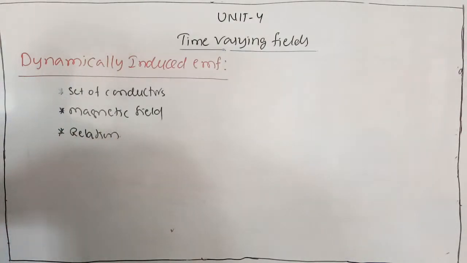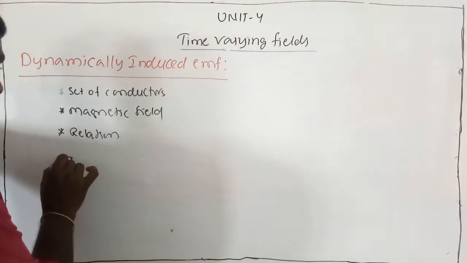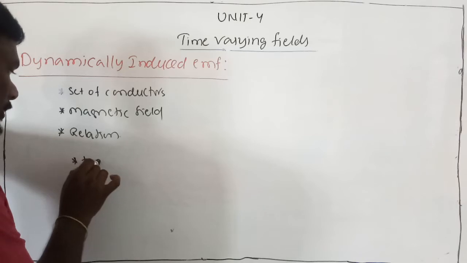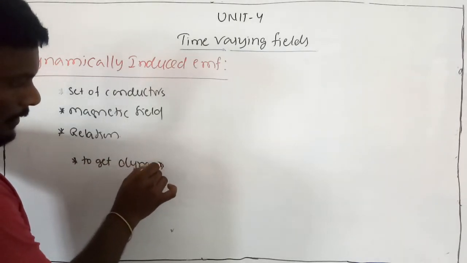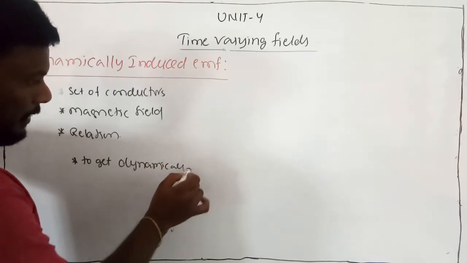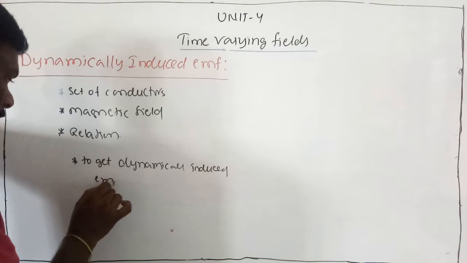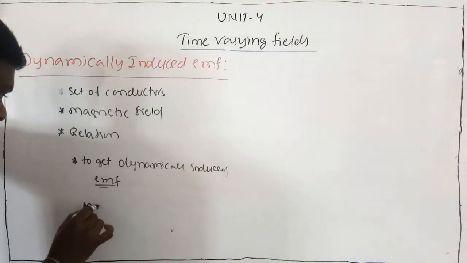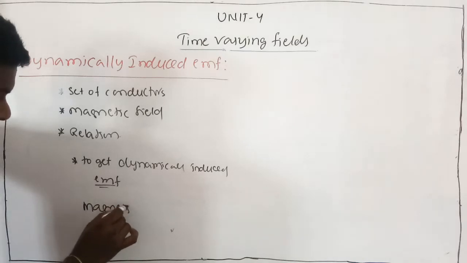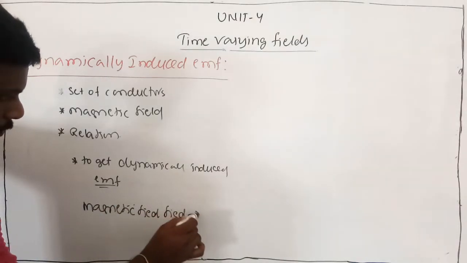So to get dynamically induced EMF inside the conductor, the magnetic field should be constant.